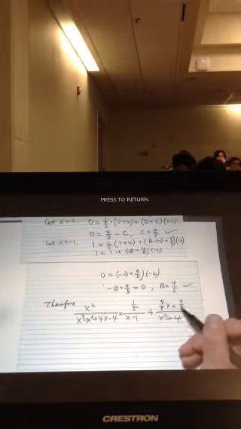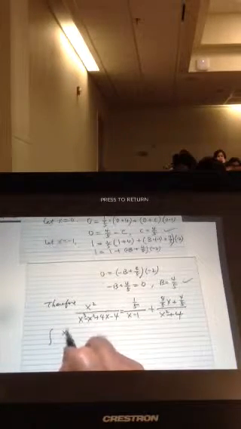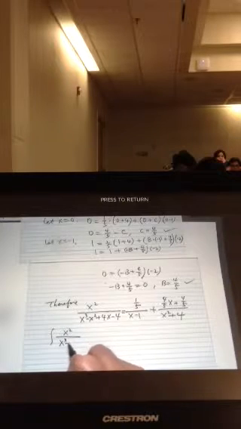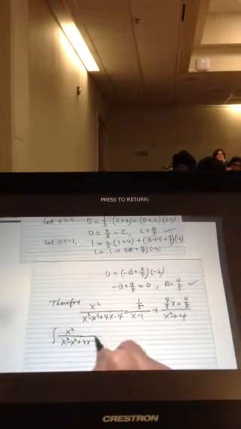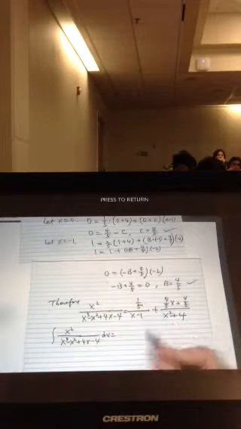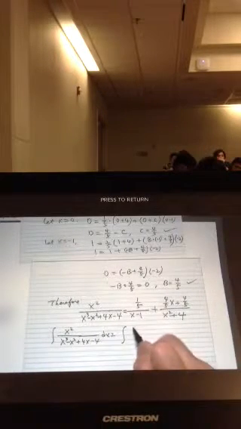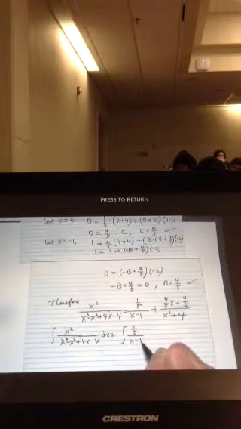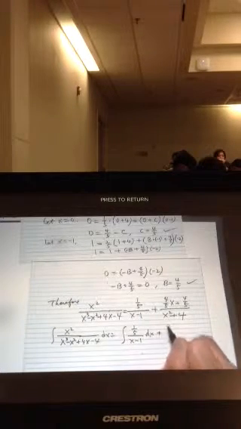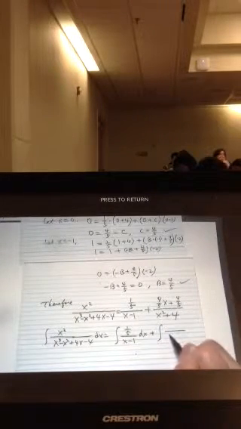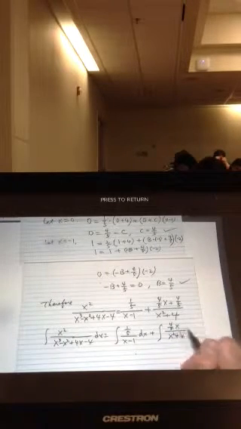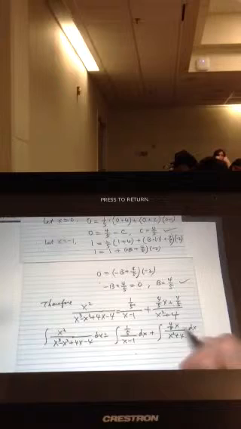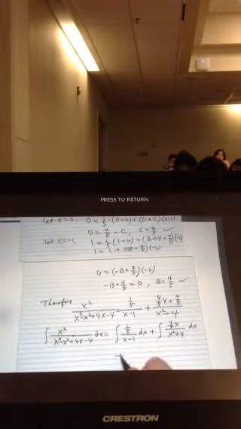Okay. All right. So when I do this integration, I'm doing the first integration, 1/5 over x minus 1. The second integration, I'm going to break it into 3 integrations. So this is the second one. And I have a third one.